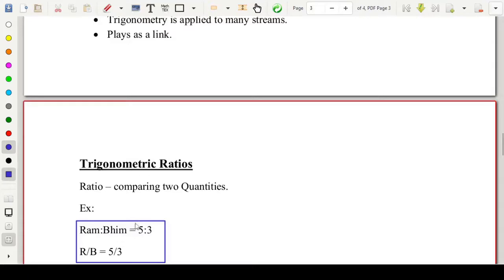If Ram had 5 laddus and Beam had 3 laddus, this is the way we represent the ratio between Ram and Beam. See here, Ram is to Beam equals 5 is to 3, where Ram had 5 laddus and Beam had 3 laddus respectively. Here is another way of representing a ratio, that is R by B equals 5 by 3.